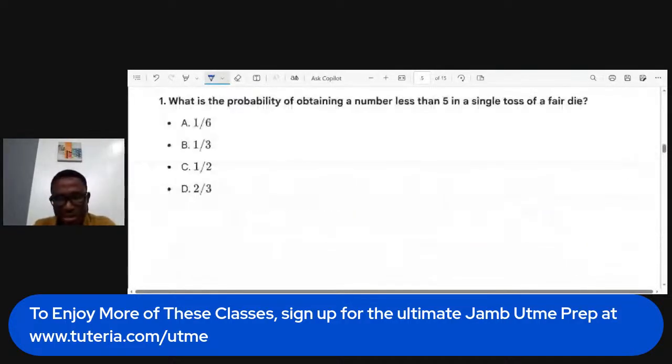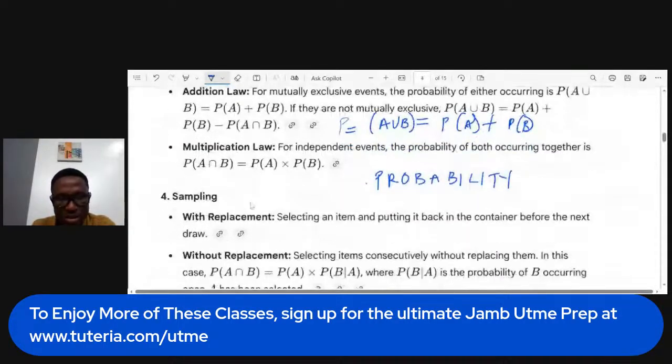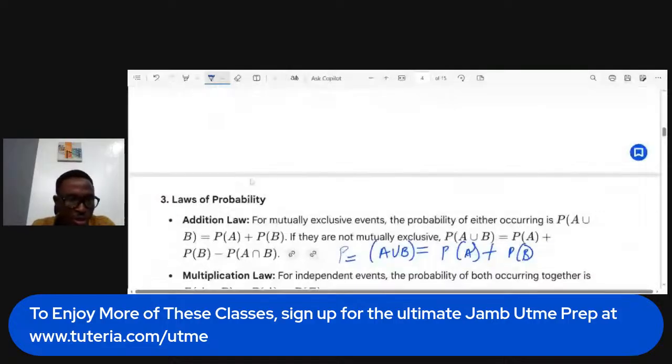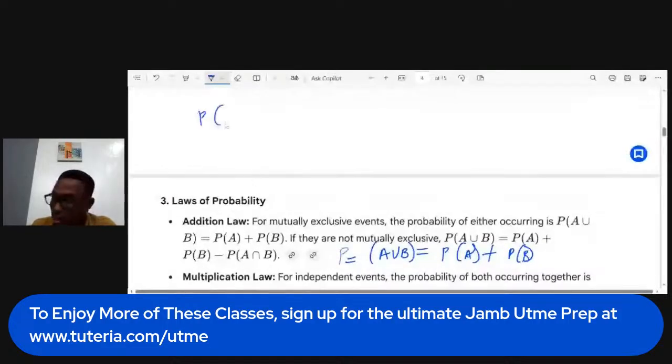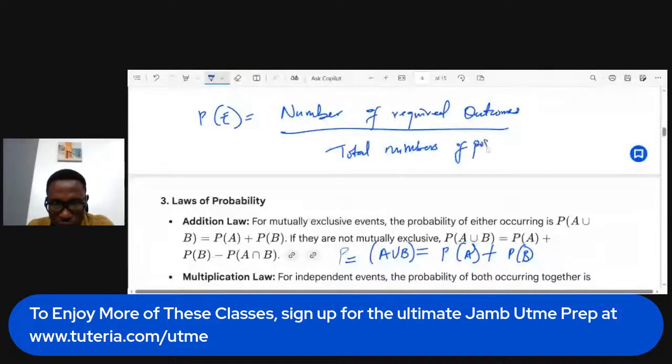Probability of an event, P of E, equals the number of required outcomes divided by the total number of possible outcomes.